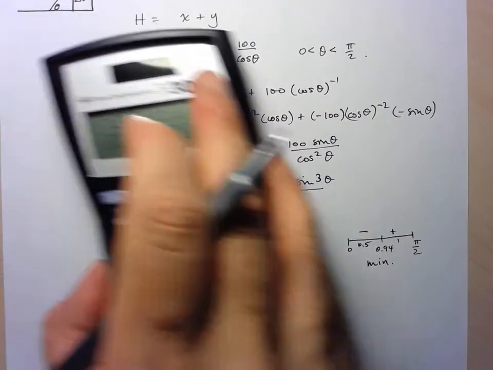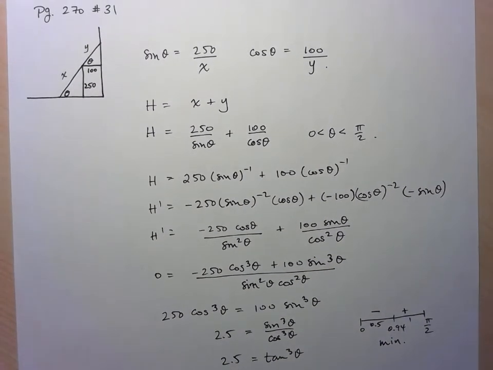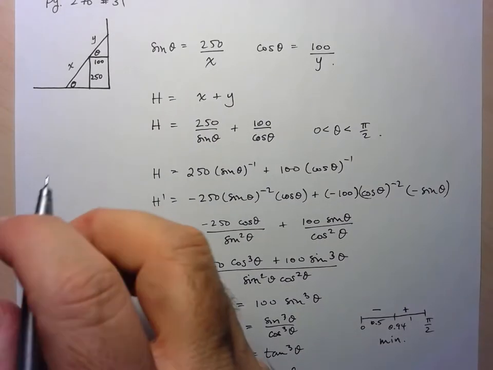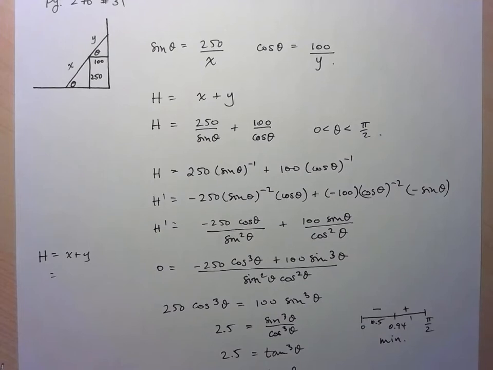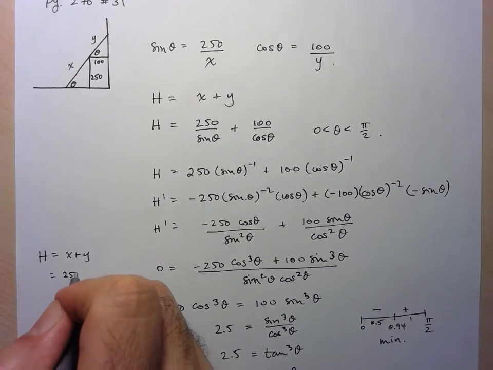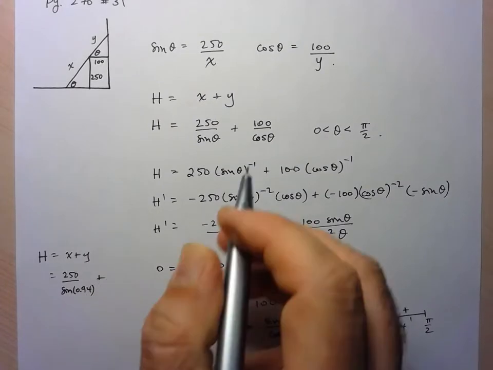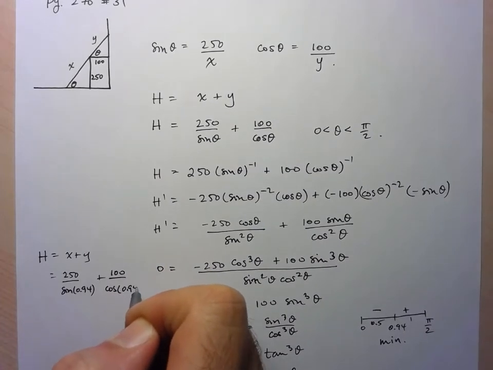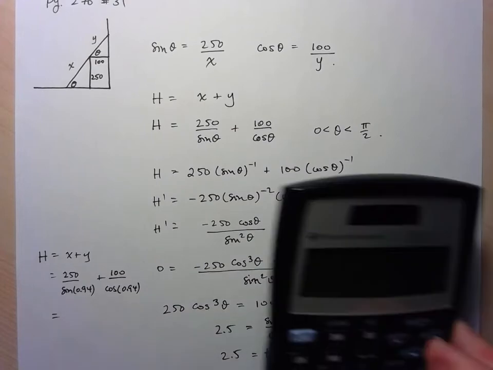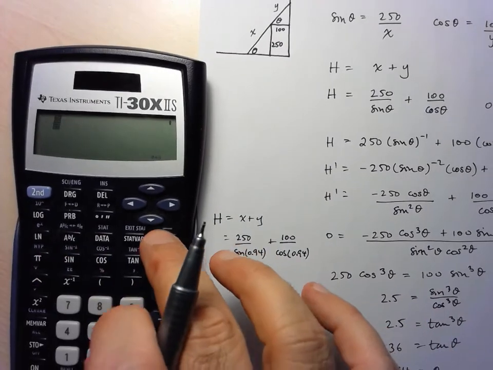But of course what we're looking for is the actual height of the ladder. I'll go back to my question and check, and it says to calculate the shortest ladder. So we're looking for a height. So now I can take my answer. Remember, the height was given as x plus y, which in turn was given by 250 over sine of theta plus 100 over cos of theta, so let's calculate that with theta 0.94.